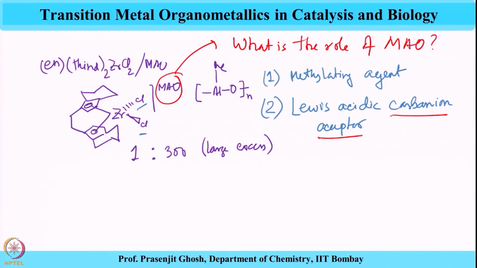Not only is it methylating, converting halide to methyl, but subsequently it is also abstracting the methyl, snatching the methyl. And the third role of MAO is that it serves as a counter anion to the zirconocene cation.